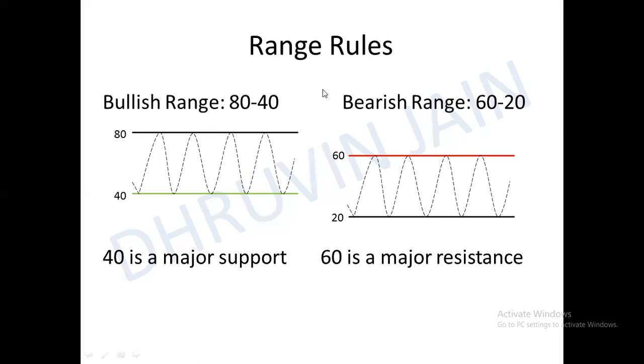Imagine what the price would be doing when the price is in a higher high, higher low structure of an uptrend. At that time, RSI tends to move in the bullish range of 80-40, where 40 acts as a great support for this zone.